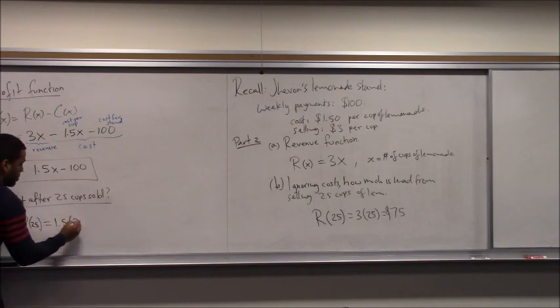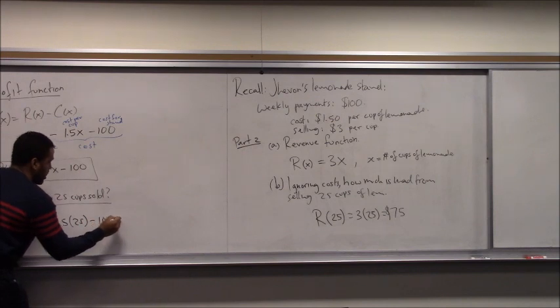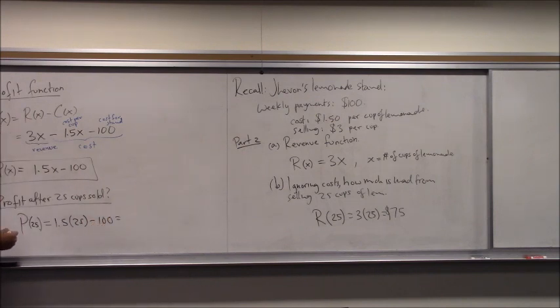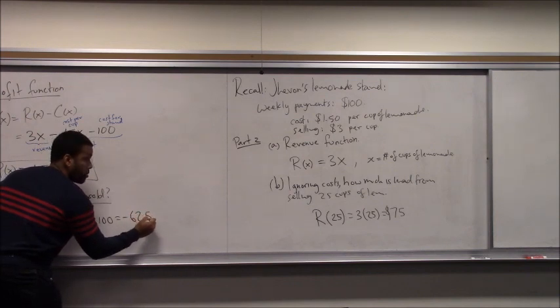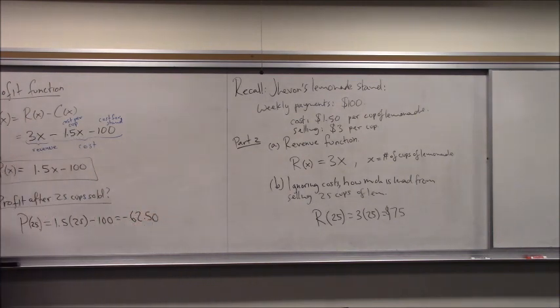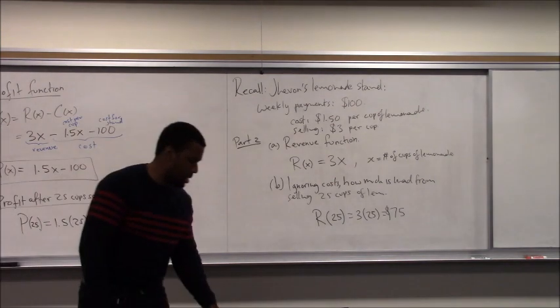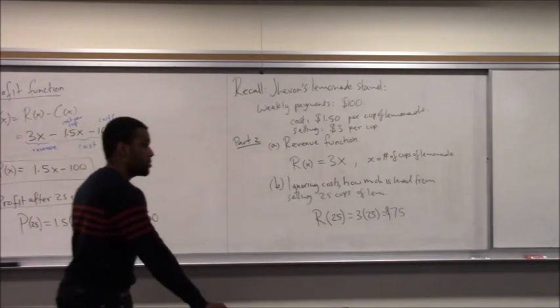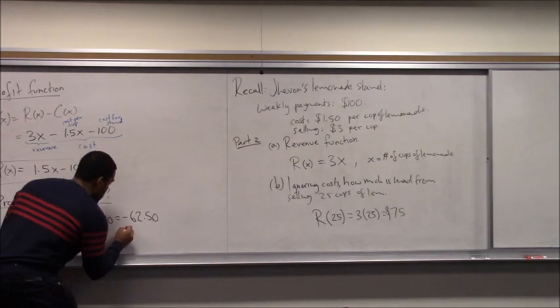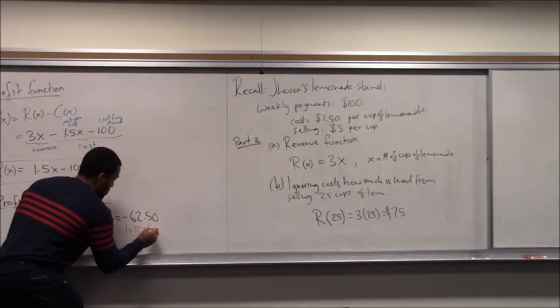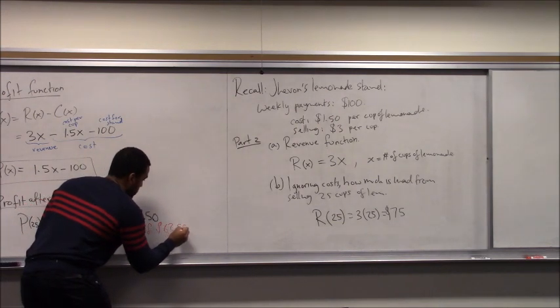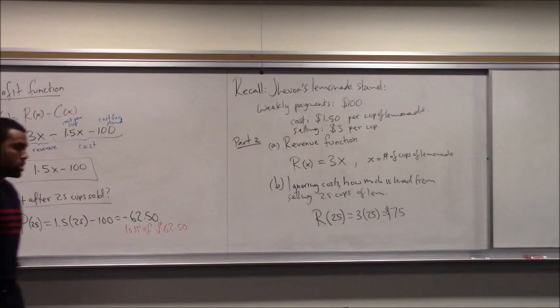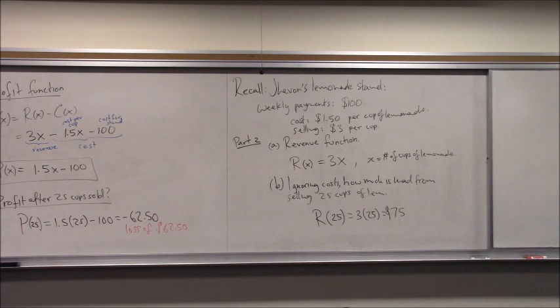So it's 1.5 times 25 minus 100, and that gave you what? Negative 62.5. So what does that mean? How would you interpret that number? It's a loss. You're losing money. This is a loss of $62.50. So if I only sell 25 cups of lemonade in this scenario, I will actually be $62.50 in the hole. I would have spent $62.50 more money than I actually brought in.